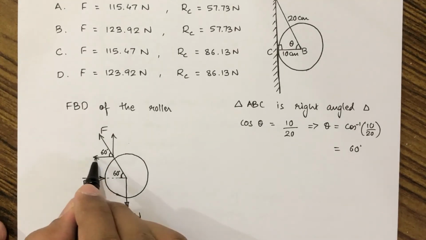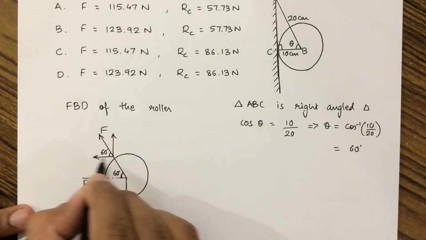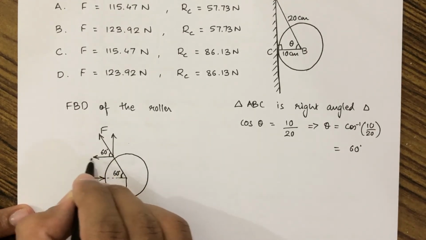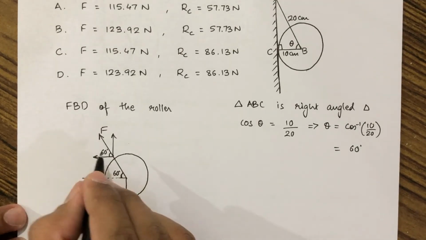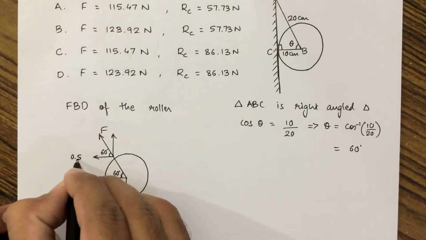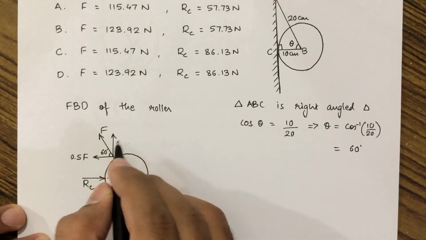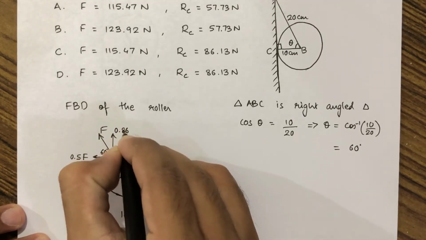This component will be F cos 60, and cos 60 is 0.5, so we can write this as 0.5 F. The other component will be F sin 60, and sine 60 is 0.866, so we can write this as 0.866 F.